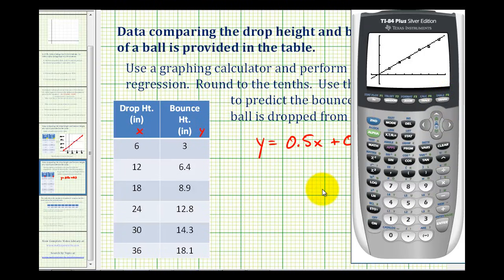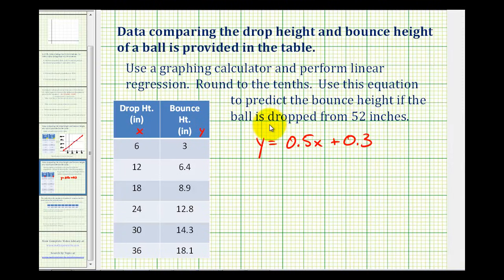And now to answer the question, we want to know the bounce height if the drop height is 52 inches. If we want to do this by hand, we would replace x with 52 and then simplify, but I'll also show you how you can do this on the calculator.